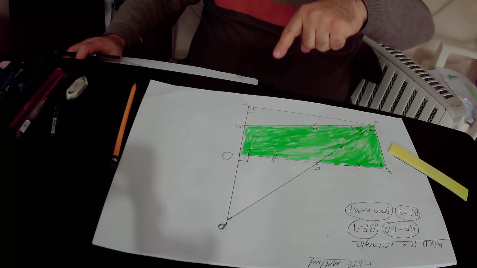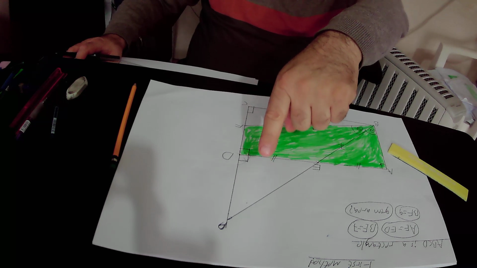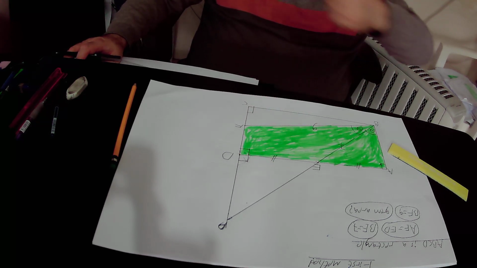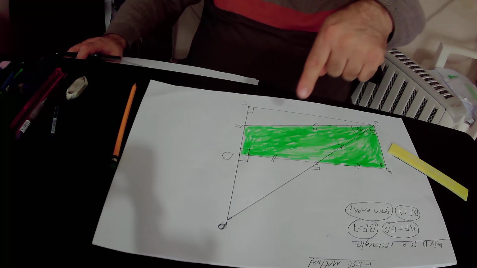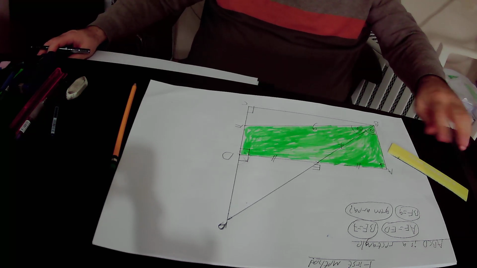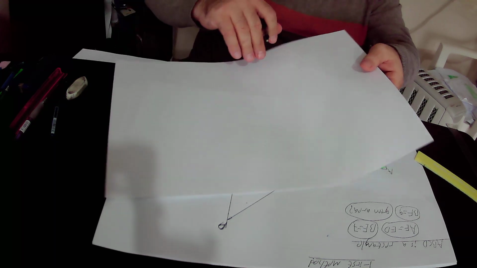Therefore, side DC and side CP are located on the same straight line. So if AB is parallel to DC, then AB will also be parallel to PC. So I'll write it down: AB is parallel to PC.